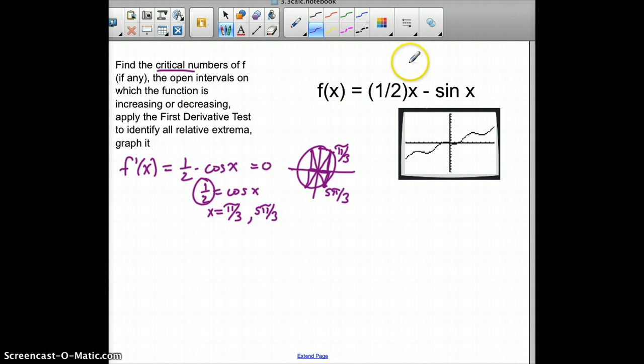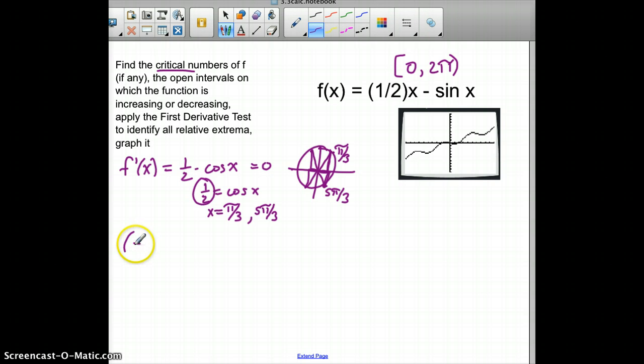The open intervals in which the function is increasing or decreasing. Usually, if you're using a trig function, they would give you an interval. Let's say we're just going from 0 to 2 pi. They'll give you the interval on which x is in, so that you don't have to list every answer to infinity. So remember, when we find a critical number, these are the only two places where the derivative could possibly change sign, the only two places where we could possibly have a max or a min.